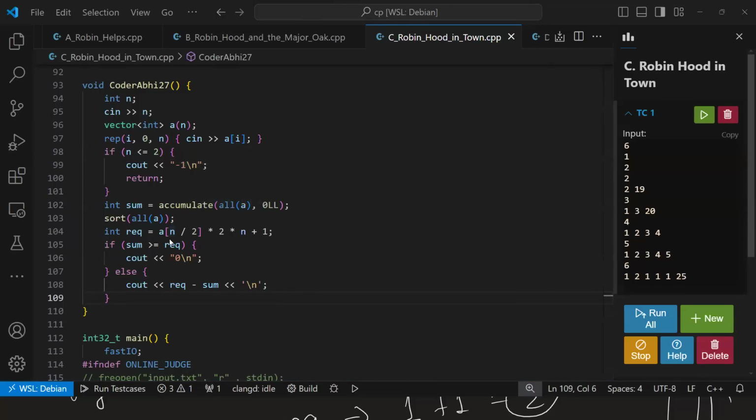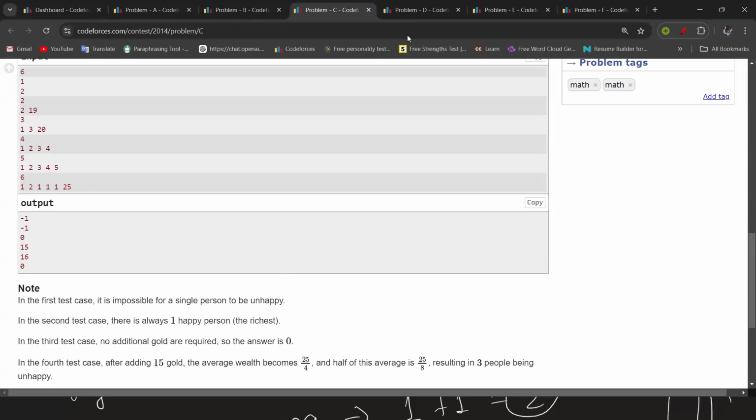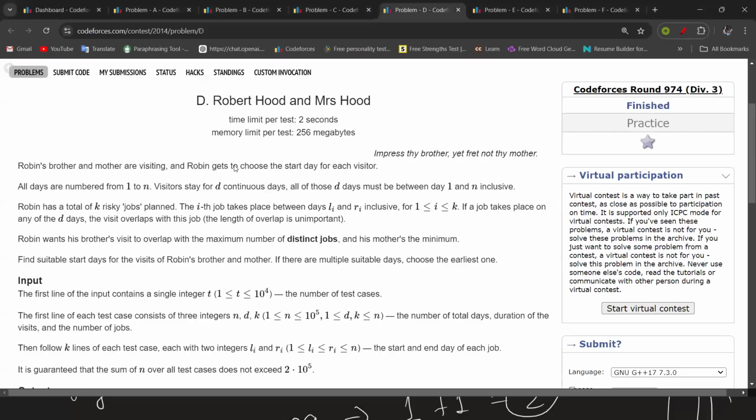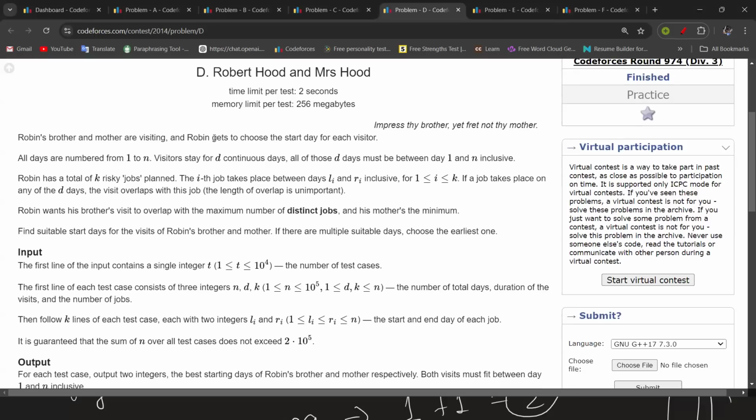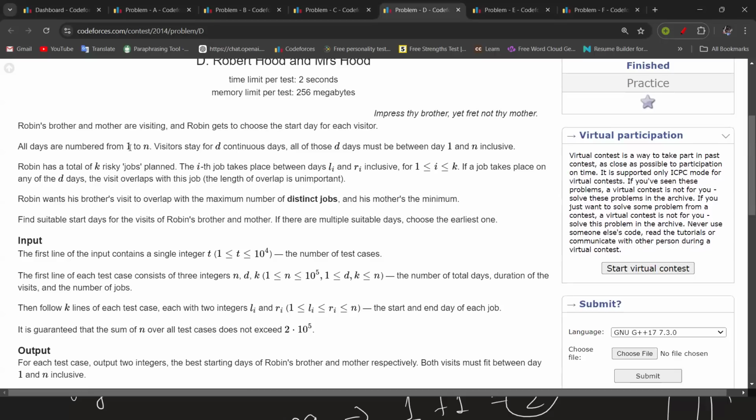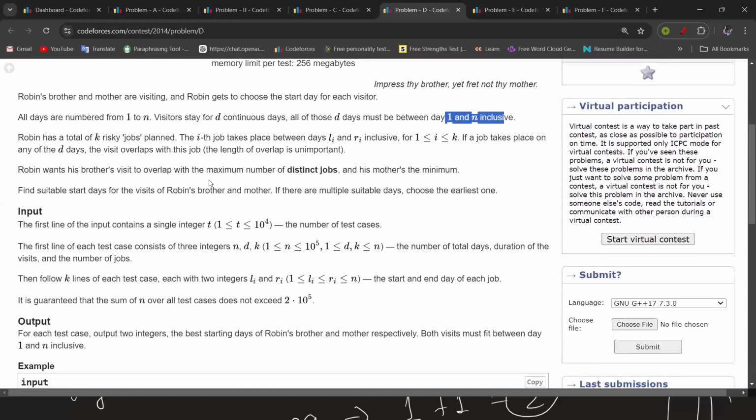Okay, I think we can move to the next problem now. Robin Hood and Mrs Hood. So Robin's brother and mother are visiting, and Robin gets to choose the start day for each visitor. All days are numbered from 1 to n. Visitors stay for d continuous days. All those d days must be between day 1 and n inclusive.